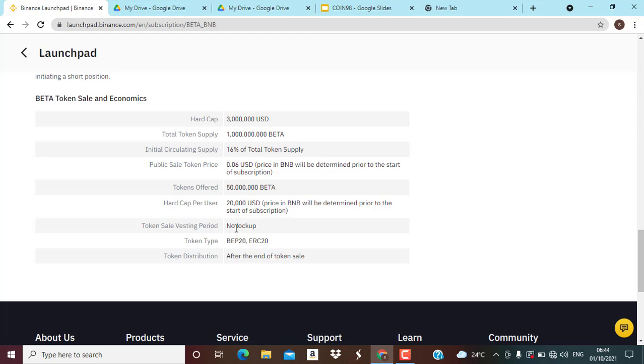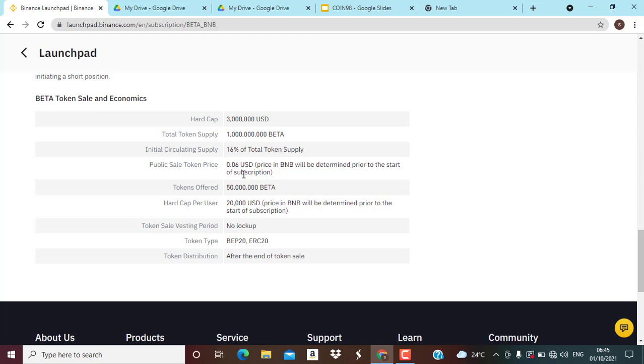And then we have here no lock period. This means that no token will be locked after the token is distributed into circulation. Here we have the token type. The token type here is BEP20 and ERC20.